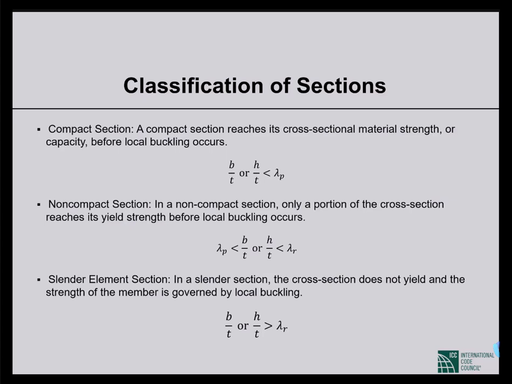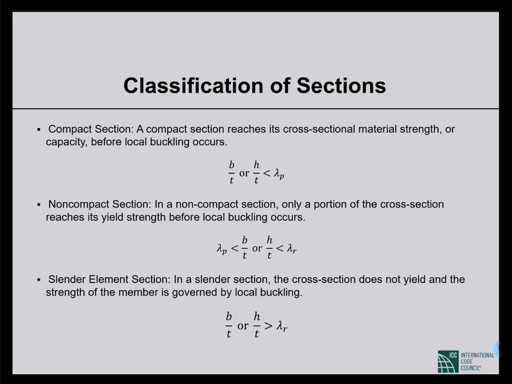They don't tend to buckle. They will experience yielding, that is, sigma y, the yield stress, will be reached much before the critical Euler buckling stress. So they will first yield, and not only that, the whole section will yield before it buckles. So that is compact section.